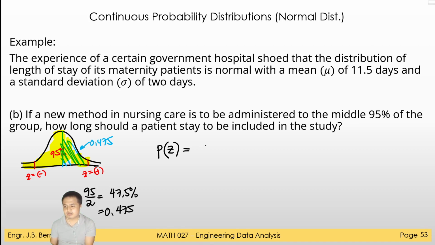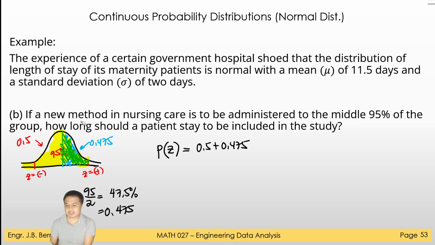Then we have a total of 0.5 plus 0.475. Why did I add 0.5 here? I divided this 95% into 0.475 so that I could get this half of the 95%. But the table that we have gives us this total area, this yellow highlight here.